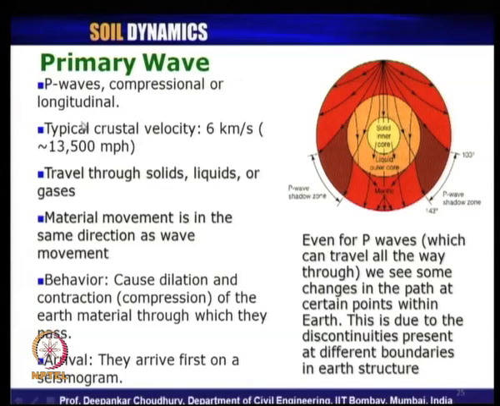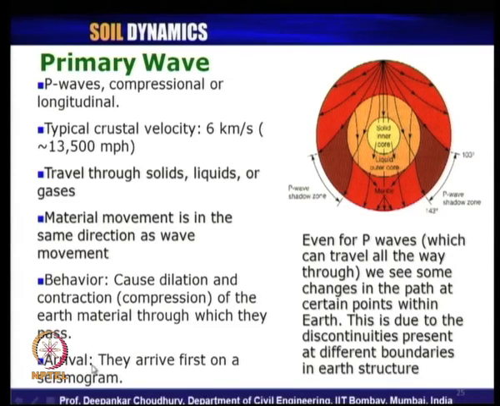What are the other characteristics we have seen for P wave in the previous lecture? Their typical crustal velocity is about 6 km per second, and it travels through all media, that is solid, liquid or gaseous, and material movement is in the same direction as the wave movement. Its behavior is that it causes dilation and contraction of the earth material through which it travels.